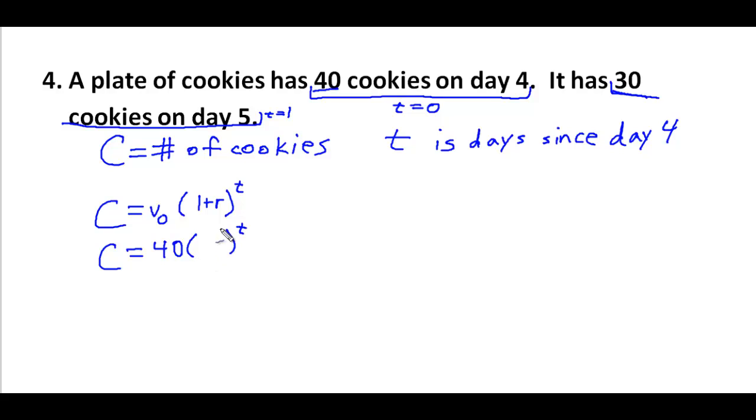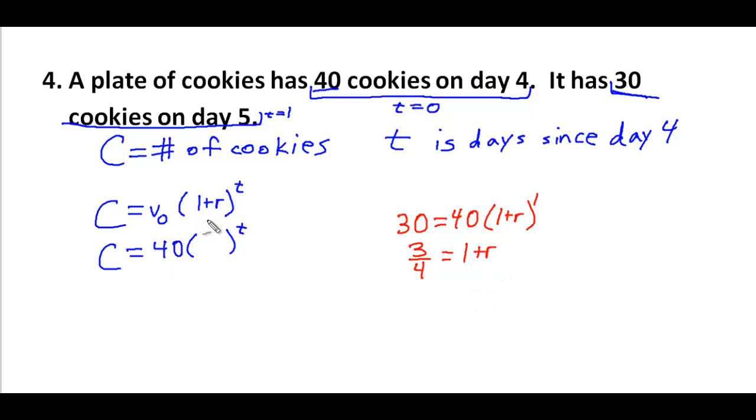So I need to multiply by something so that we can have 30 equals 40 times something to the power of 1. What is that something? Well, I'll put an x here. Well, I'm just going to leave it as 1 plus r. So then the 1 doesn't matter. We divide and we get 3/4 is 1 plus r. We could solve and get r, but there's no need.